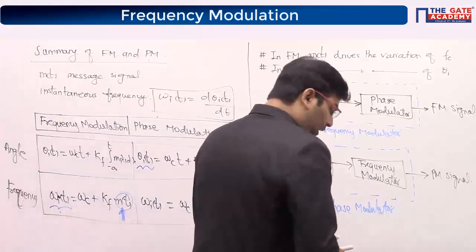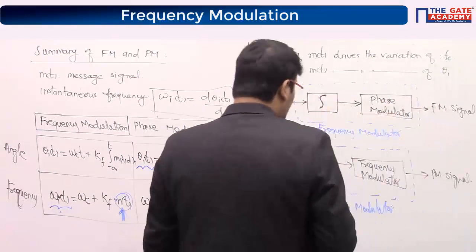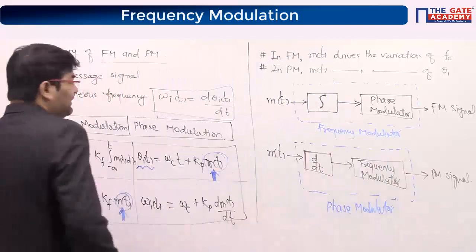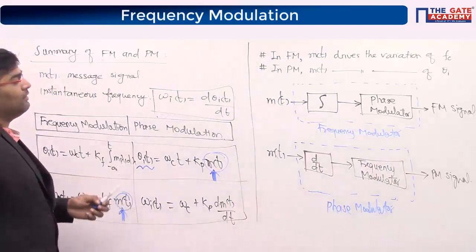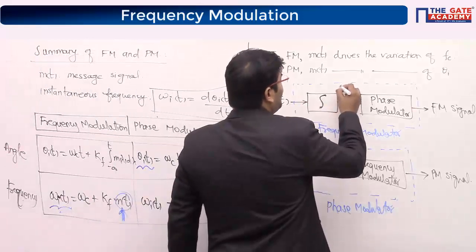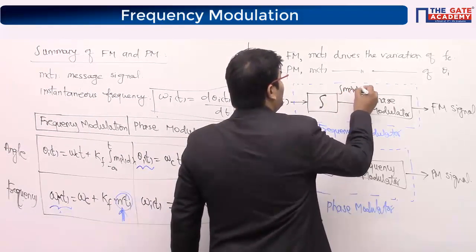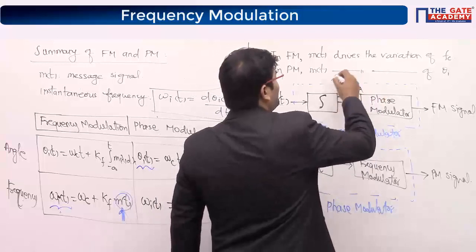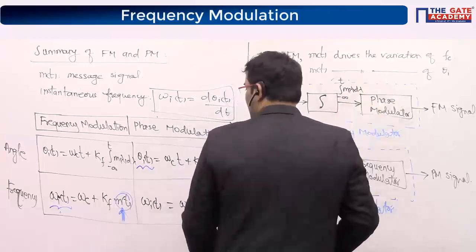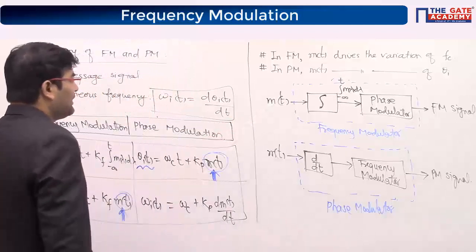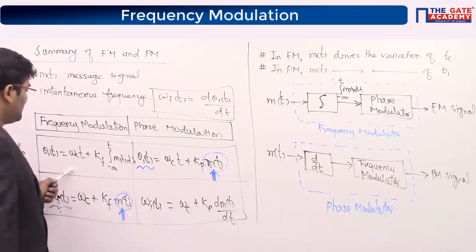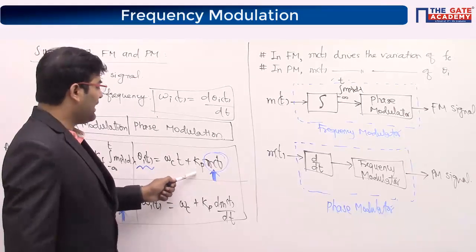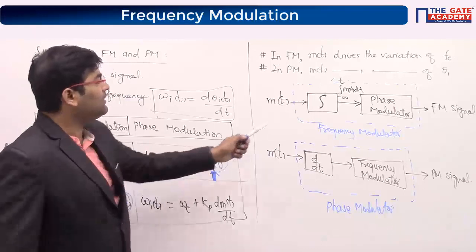Now, what is happening? Look at this. FM is what? You need omega c t plus k f integral. So the moment you reach here, what you get is integral of m lambda d lambda from minus infinity to t. And for this, the whole thing is a message signal. So it is just like taking that term, the integral of m lambda d lambda, and doing this: omega c t plus k p, and m of t will be replaced by this integral part.